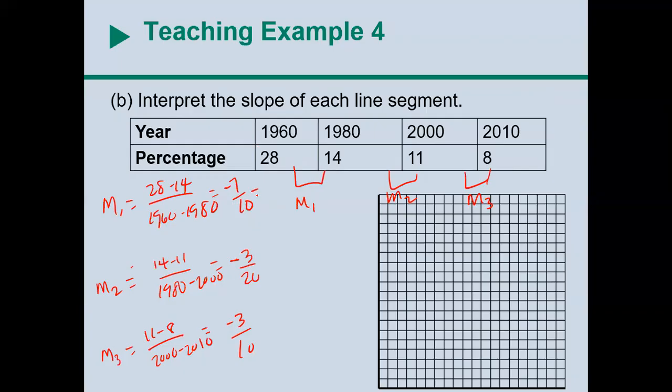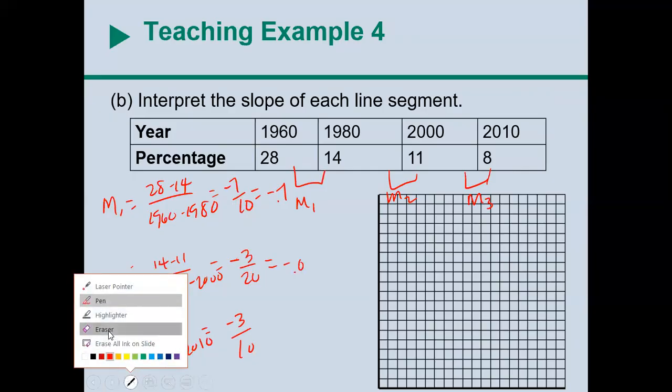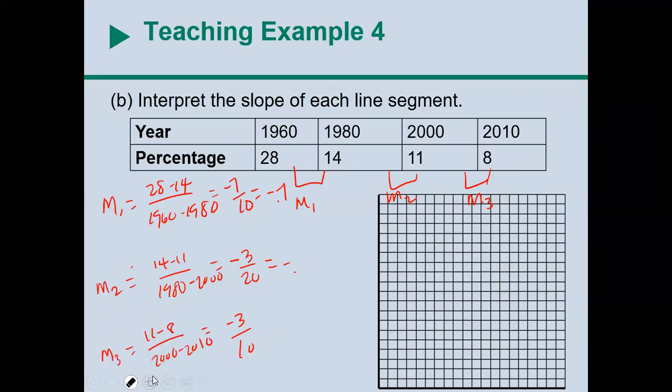Okay, so as a decimal, this is -7/10. This equals -15/1500, right? I did the math in my head. And then this equals -3/10. So there's the slope of each one.